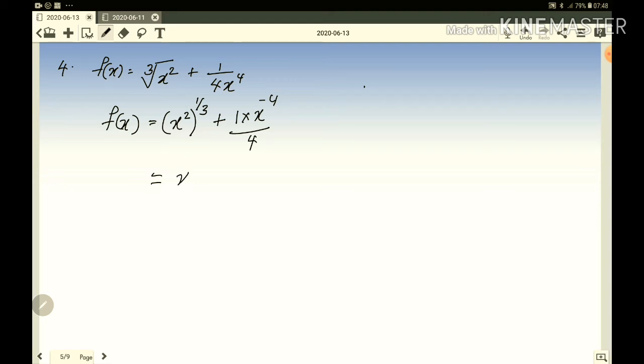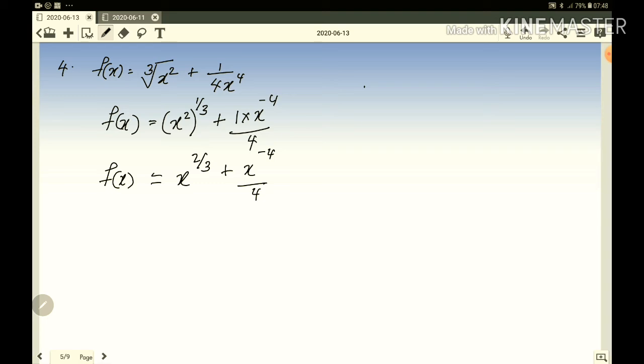So it's going to be x to the power 2 over 3. 2 times 1 over 3 is 2 over 3. Plus x to the power minus 4 divided by 4. That is our f of x. Now this one is ready for differentiation because I changed all the problems which were stopping us from differentiating, that is root and denominator. So both terms I changed. Now we can see that it is ready.